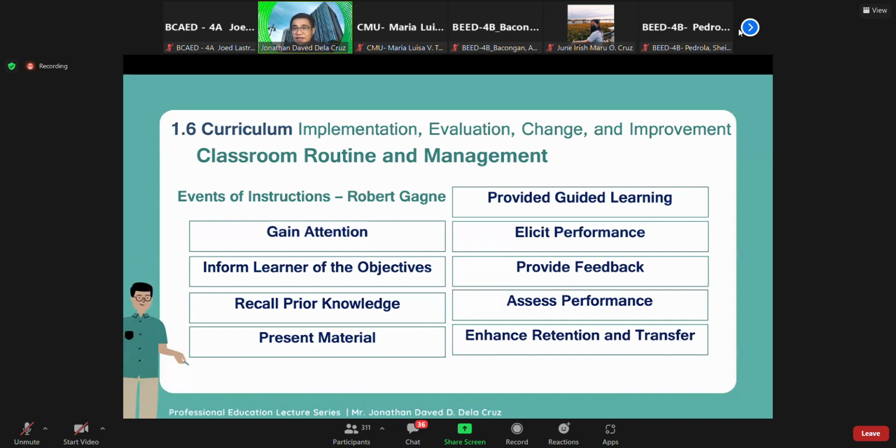Assessment of the performance of the students also is very tedious, really, especially if it's not a multiple choice, if it is not a traditional assessment, if it is an authentic assessment, talagang tedious ang checking ng performance assessment. And of course, enhance retention and transfer by evaluation or by giving them assignment.